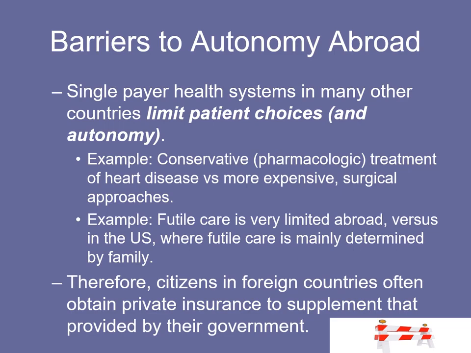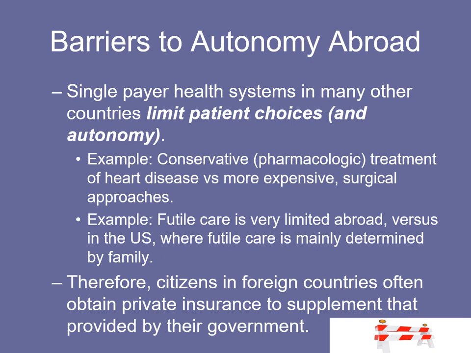Another example is futile care. Take the patient we just referred to in the prior slide who has catastrophic multiple system failure secondary to sepsis. In other countries, the care for them will be more limited, and that is the patient and their family will not have the final say. And at some point, the government or the agency will step in and say, this is deemed futile care.